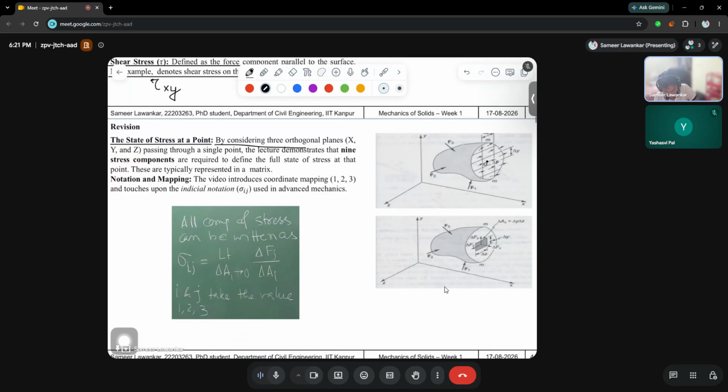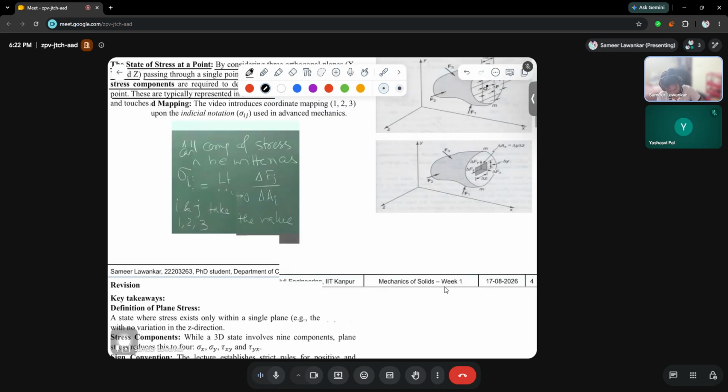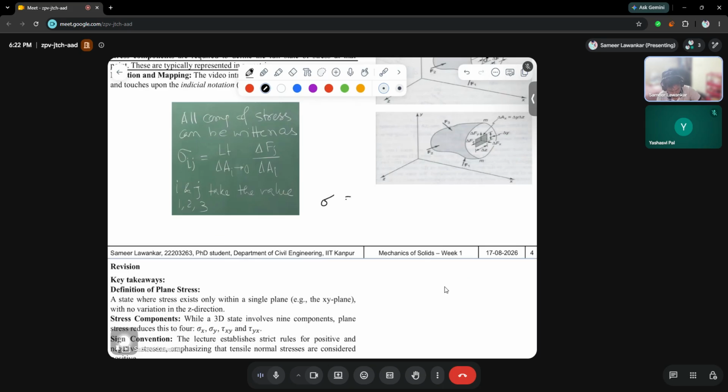By considering three orthogonal planes x, y and z, orthogonal as in they are 90 degrees to each other, passing through a single point, the lecture demonstrates that 9 stress components are required to define the full state of stress at that point. These are typically represented in a matrix. So sigma at a point is defined in terms of a 3 cross 3 matrix. First is sigma xx, second normal is sigma yy, third normal is sigma zz.